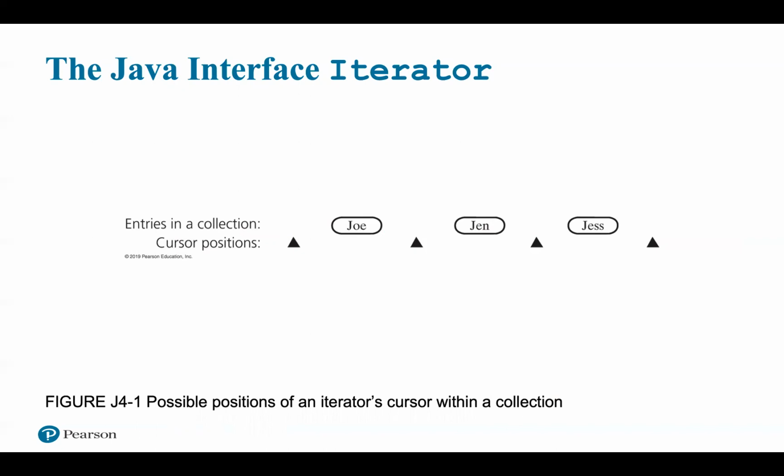For a collection of n entries, a cursor has n+1 possible positions. The next entry in the iteration is the one right after the position of the iterator's cursor. The method hasNext sees whether a next entry exists and returns true or false accordingly.